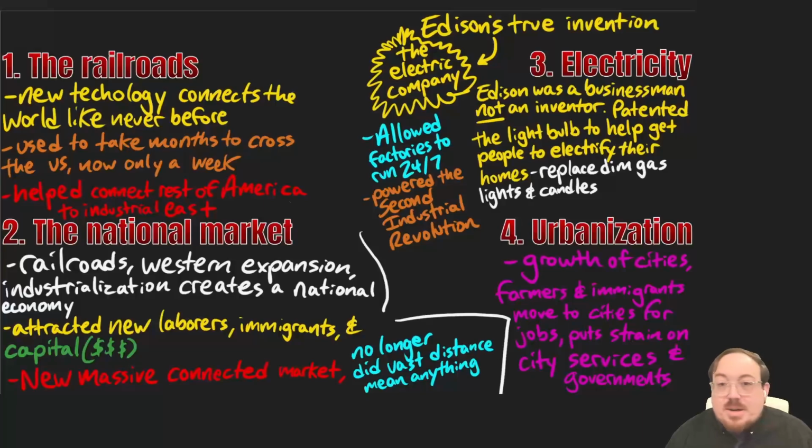Previously, if you wanted to light your house, you had to have candles or gas lamps, and candles occasionally get knocked over and burn your house down. If you have gas lamps, you literally have natural gas being pumped into your house, and you would turn it on and light it, and that would create a gas light, usually very dim, not very good, and it would also create a lot of soot.